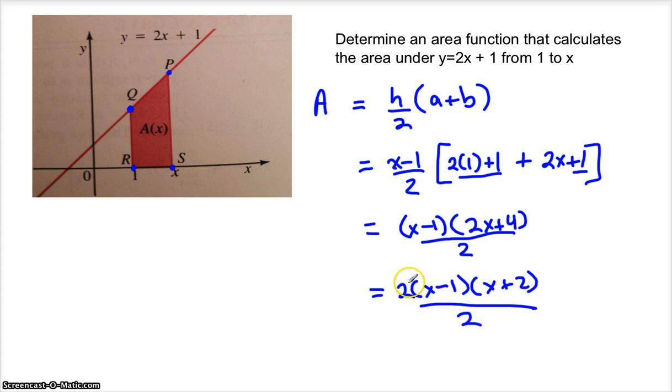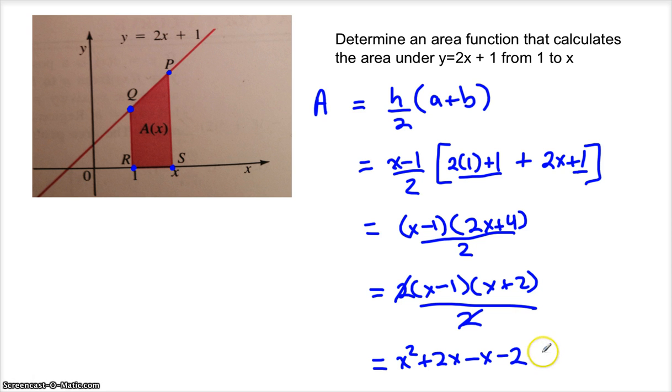Okay, so we have 2 up here and 2 down there. We'll divide it out, and we'll be left with the product of these two binomials, and let's FOIL that out. Let's expand. So x times x is x squared plus 2x minus x minus 2.